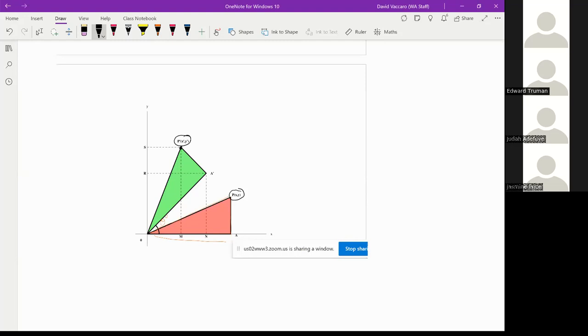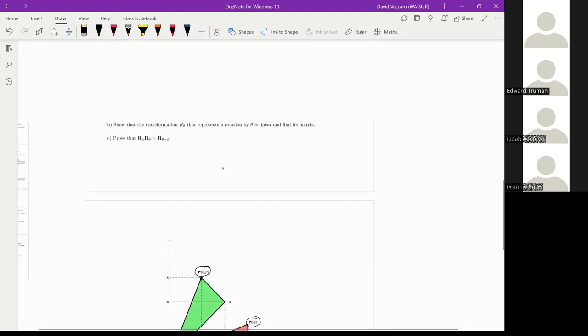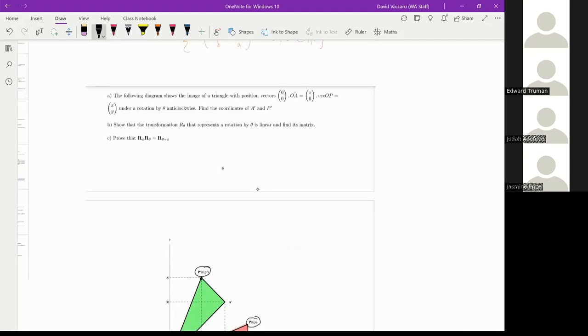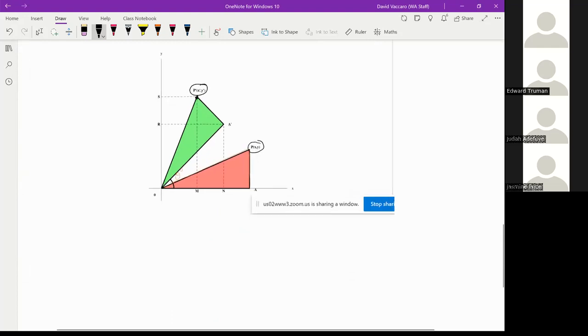And what the example asks me to do is to find the coordinates of the new point and then to show that rotation by theta can be represented by a matrix.